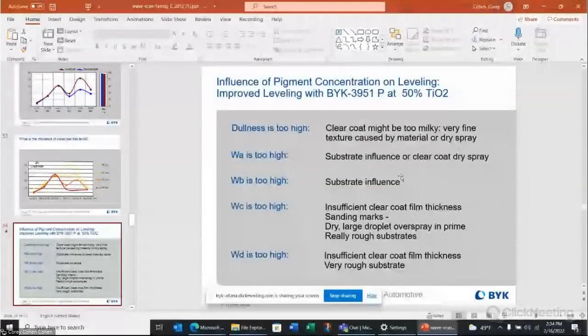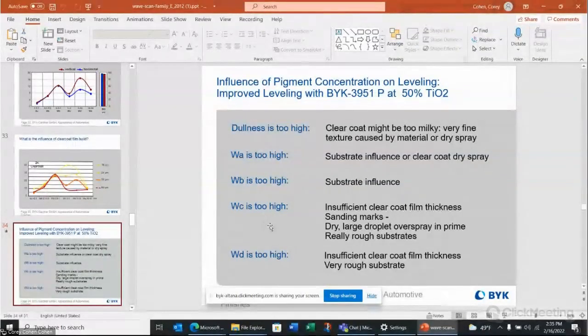Oh, we're good. So I think this might be what you're looking for, where if the various values are too high, what can cause that? Largely when it comes to the smaller stuff, and you would intuitively think this would be the opposite, and maybe sometimes it is, because again, we can only generalize so much, but generally when the dullness or the shorter wave structures are too high, that has to do with the substrate or the intermediary coats.